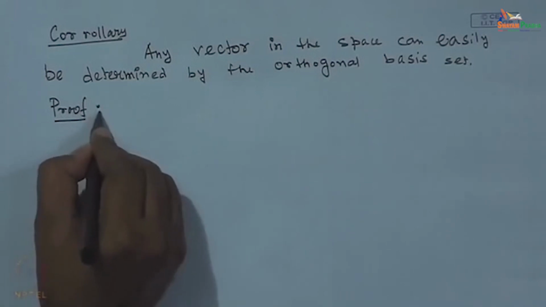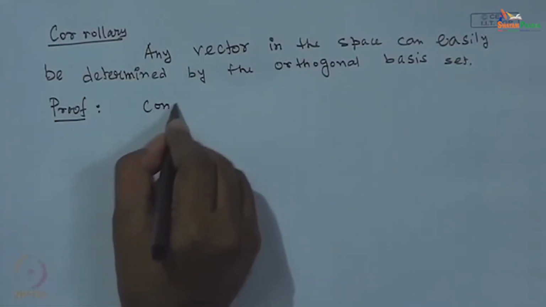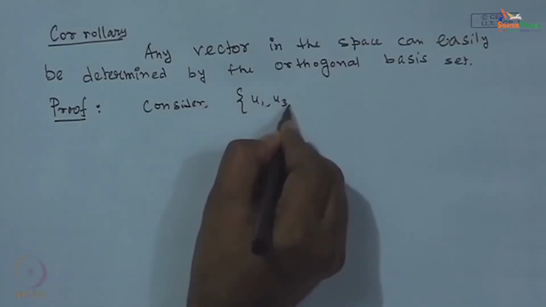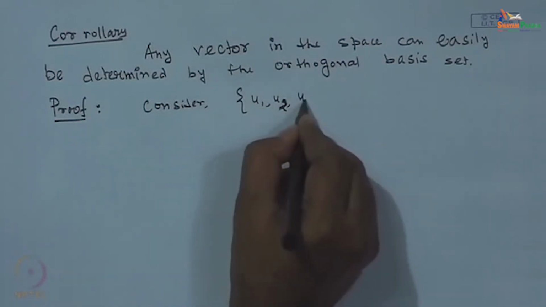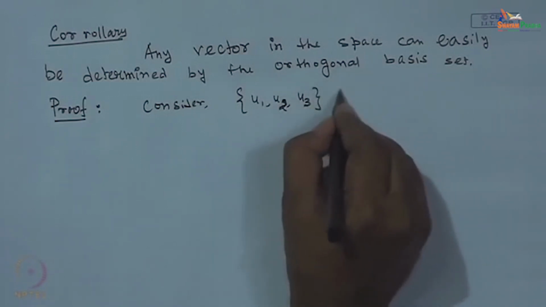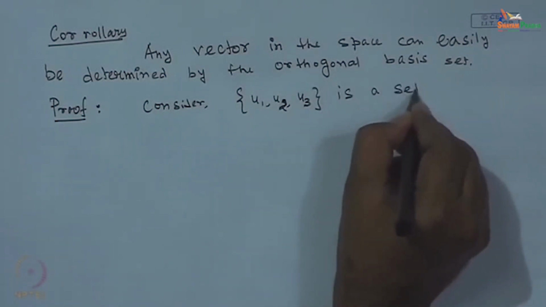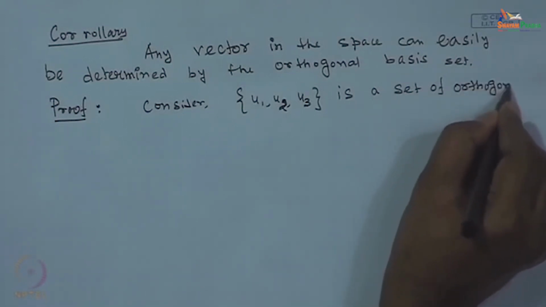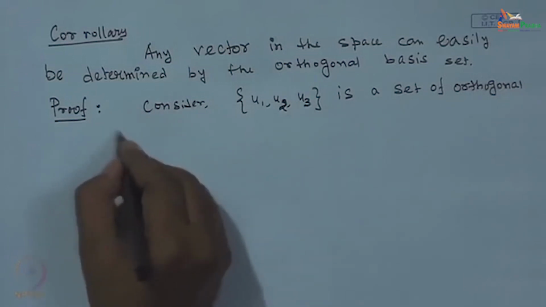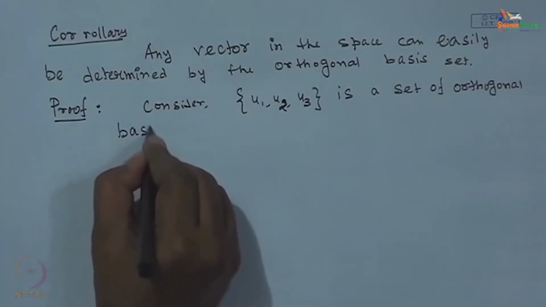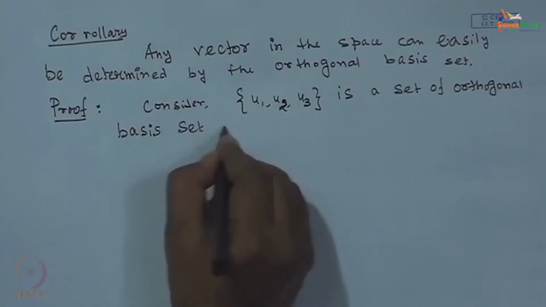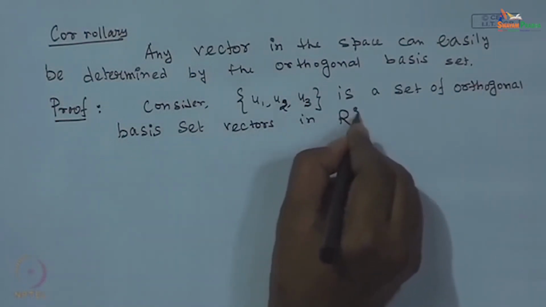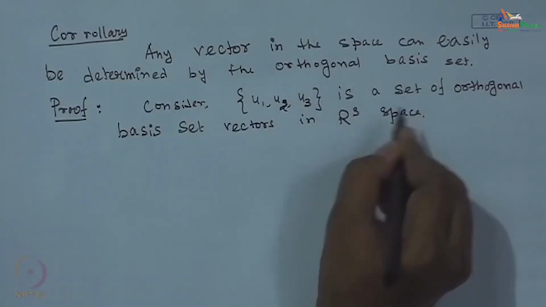The proof goes like this: we consider u1, u2 and u3 is a set of orthogonal basis set vectors in R3 space. Okay.